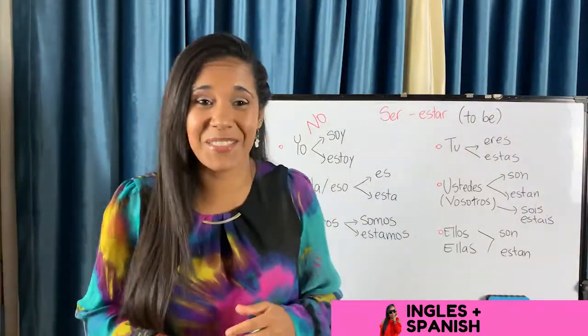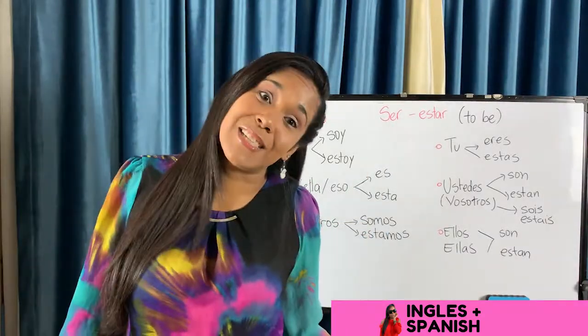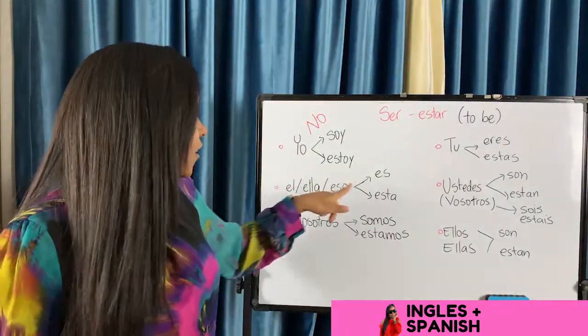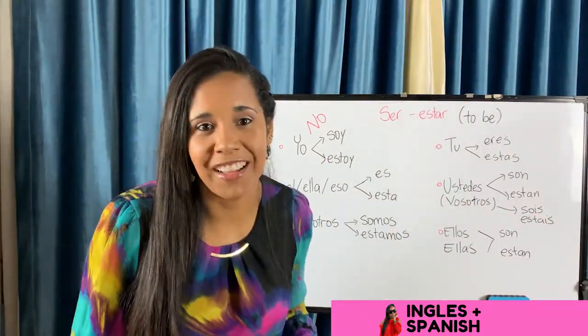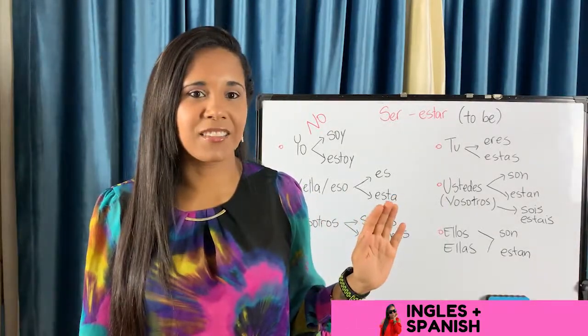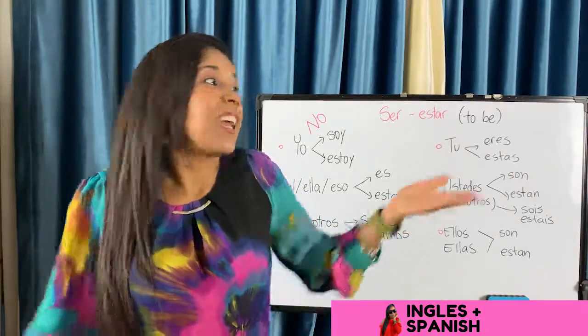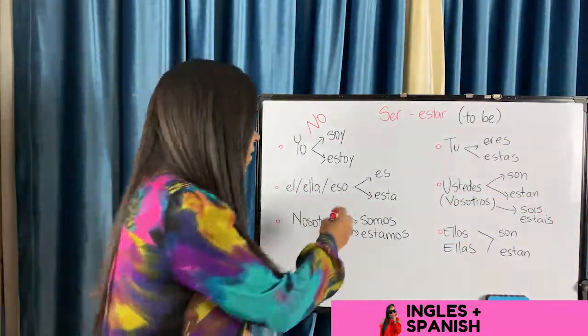O yo no soy estudiante. Yo no estoy en casa, estoy en la escuela. Ella no es mi amiga, es mi profesora. Él no es ingeniero. He's not an engineer. Él no es ingeniero. Es doctor. He's a doctor. ¿Sí? Entonces, muy fácil por ahora.